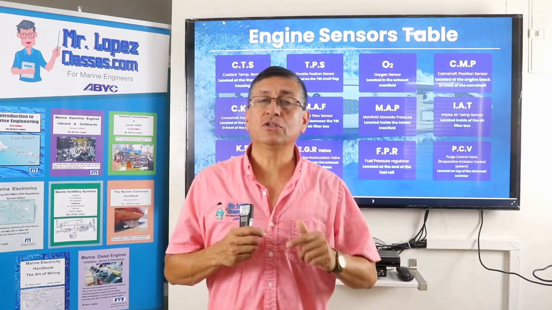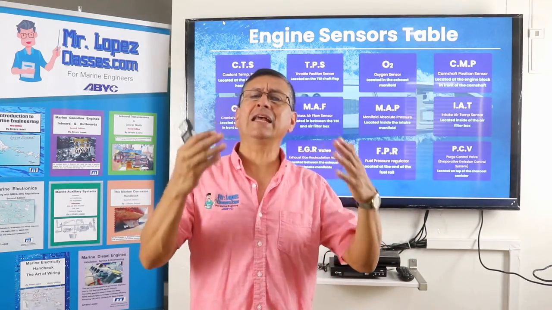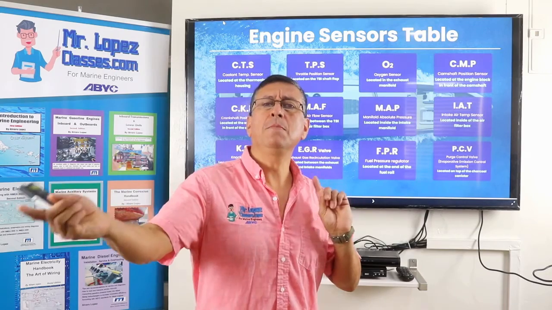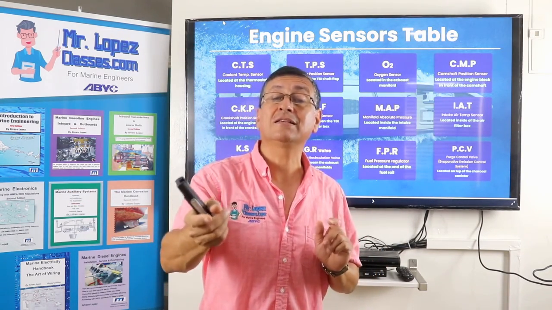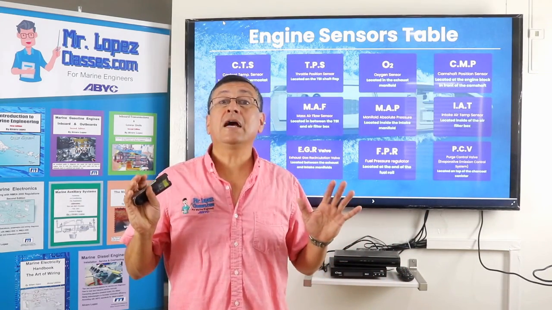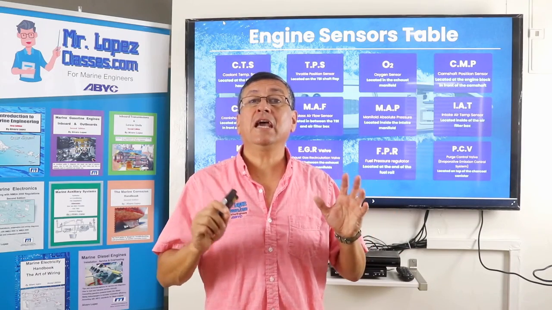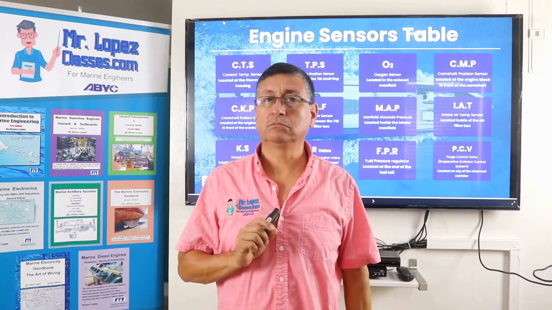There are sensors that work in one direction. There are sensors that work in both directions. What is the meaning of that? There are sensors that send signals and receive signals. There are sensors only dedicated to sending signal to the gauge, not the computer.